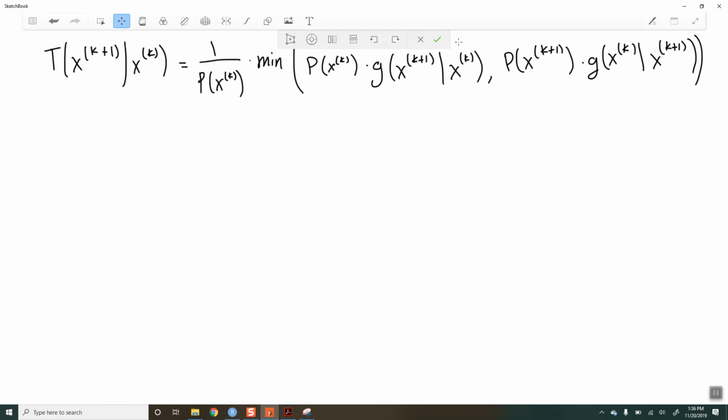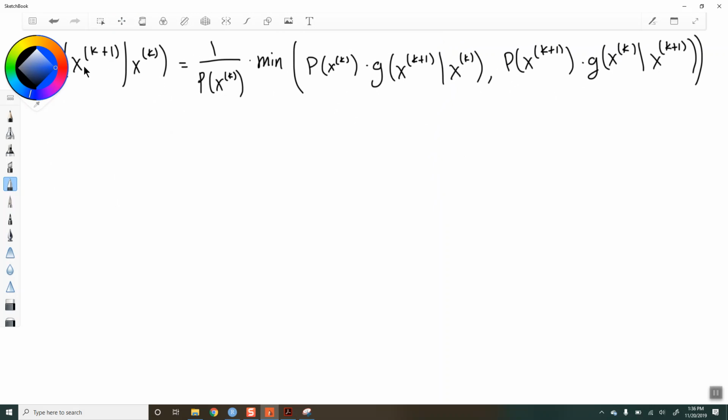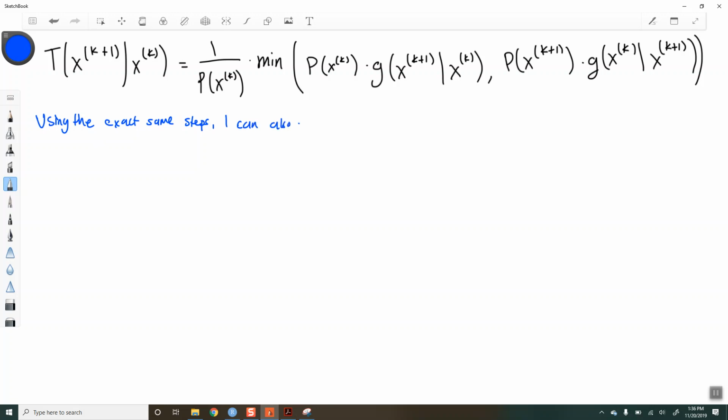Okay, and then using the exact same steps, I can also get the opposite transition probability, which is the transition of going to xk.